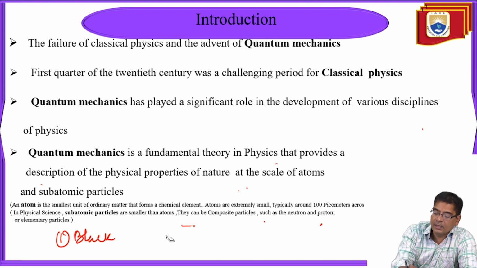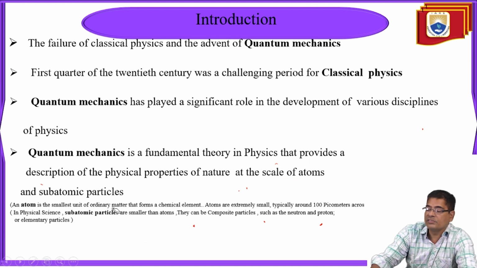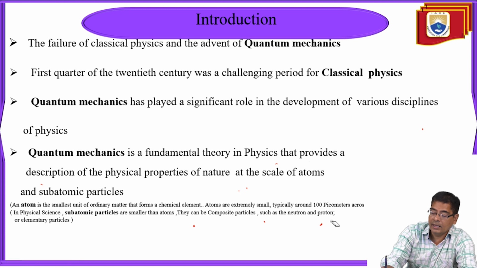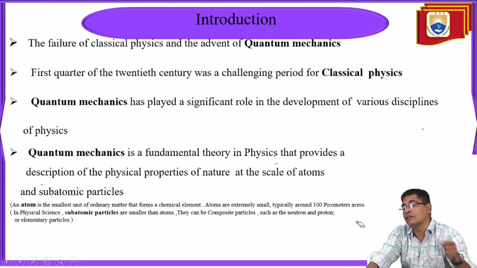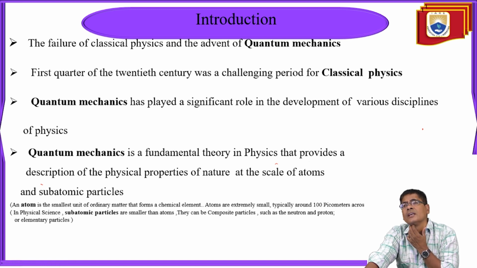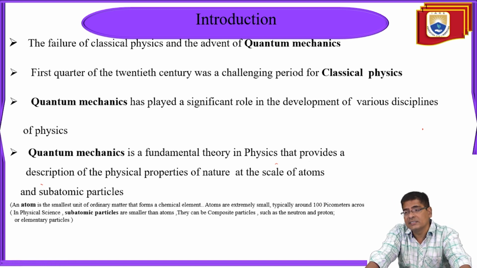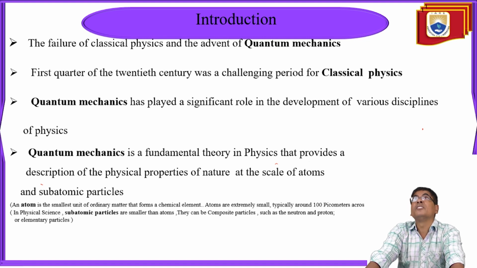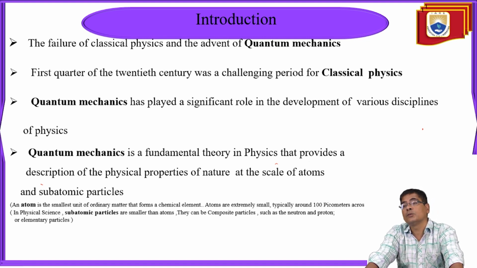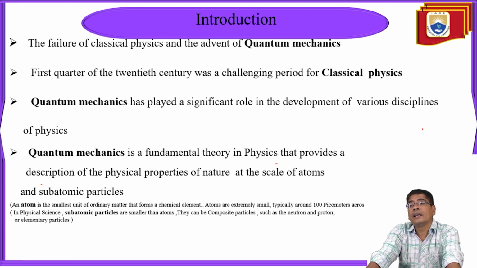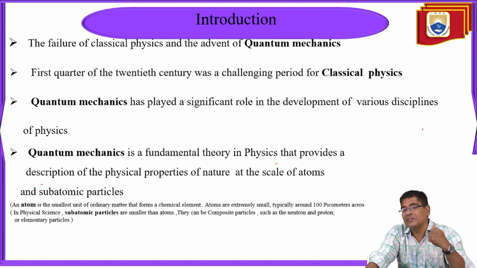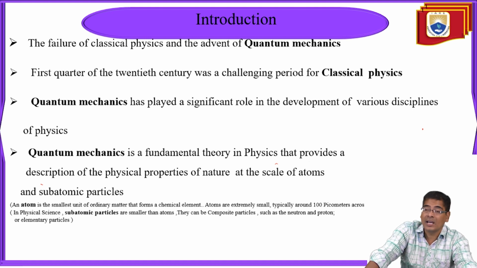So there are so many reasons at the core level for the existence of quantum mechanics: the failure of classical physics. Classical physics has failed to explain certain features at the atomic scale. Physical properties of nature, as I told you, are like black body radiation.